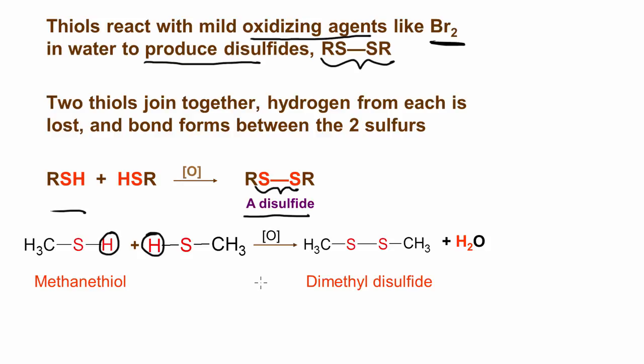It'll combine with an oxygen to form water, and a bond will form between the 2 sulfur atoms. So we have gone from a thiol to a disulfide. This happens to be dimethyl disulfide.